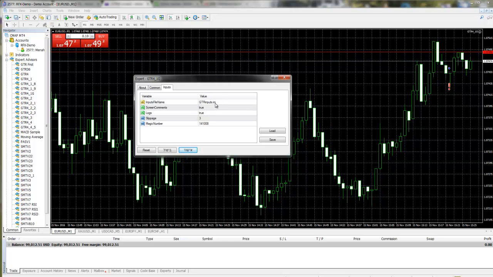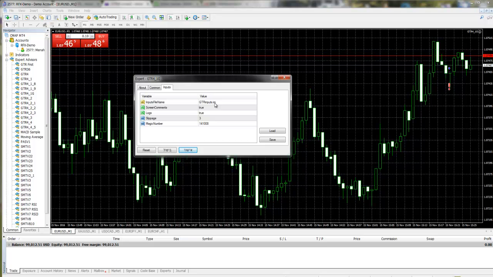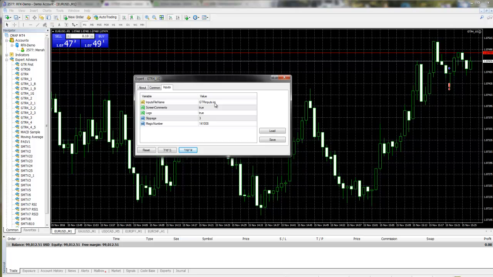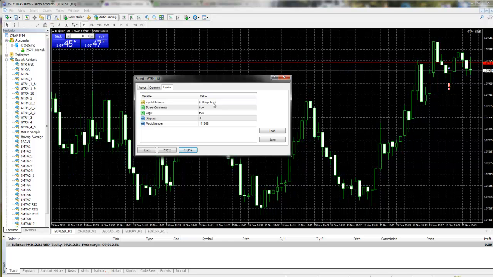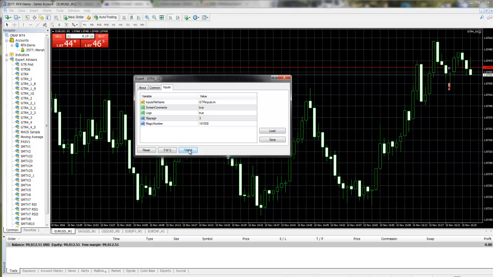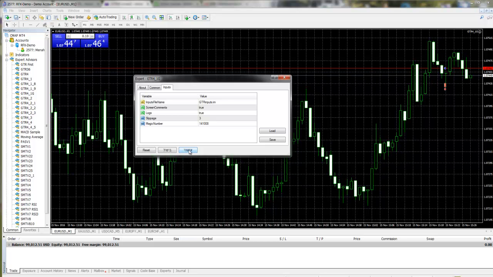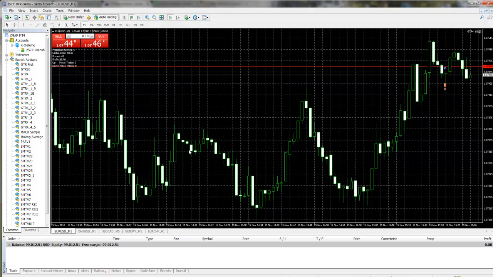This is a configuration file that includes a series of parameters that determine every angle of the robot's operation. So the only thing left to do is to click here, confirm, approve, OK, and here we go.